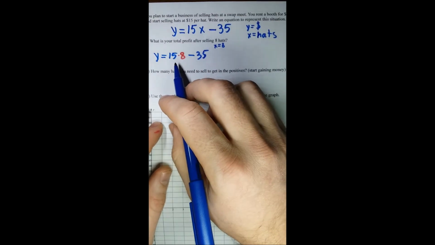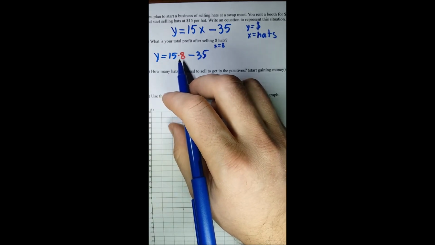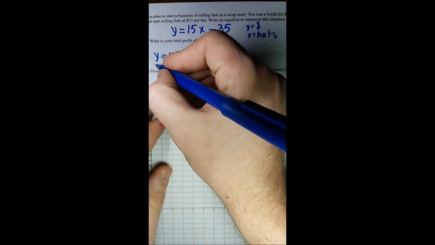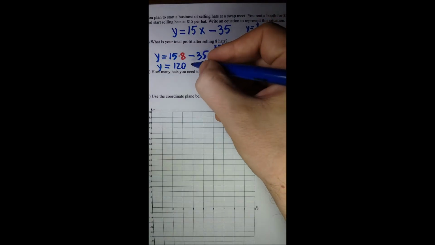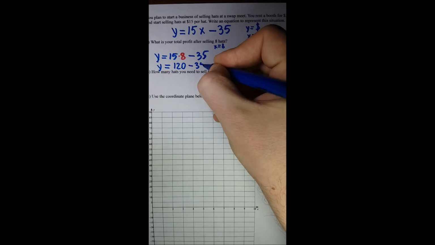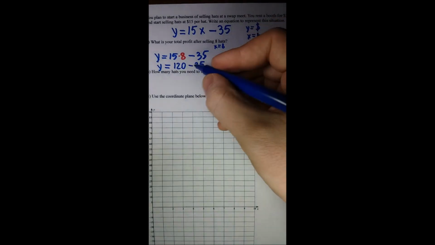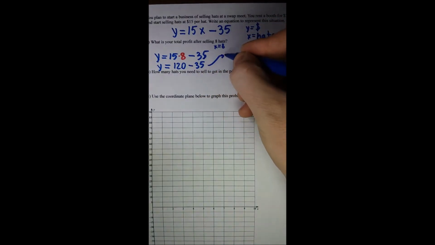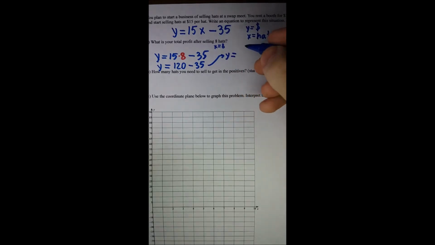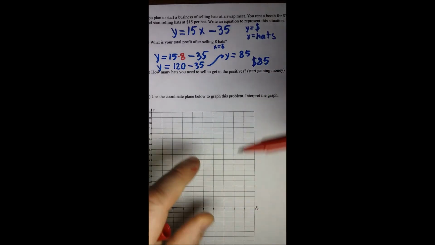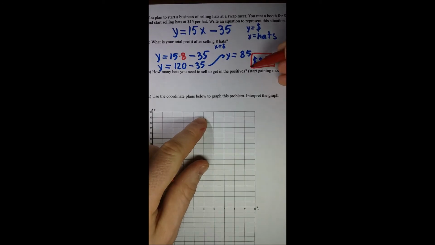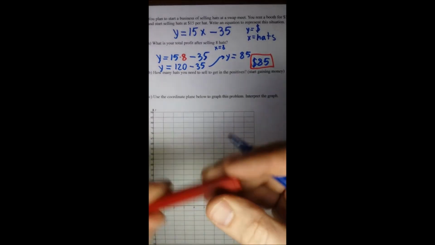So 15 times 8, Y equals 120 minus 35, which means Y equals $85. So the answer is $85 profit after you pay your wages and rents and bills and all that kind of stuff.